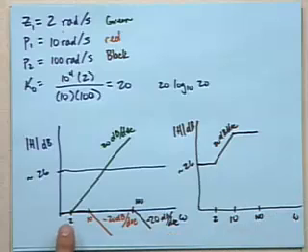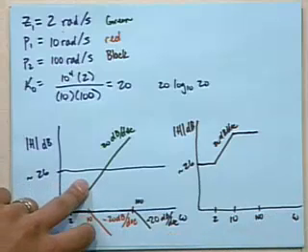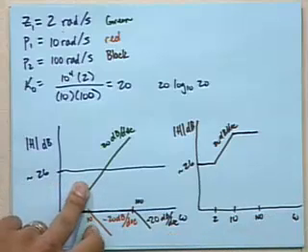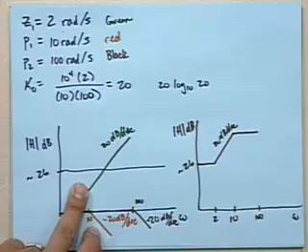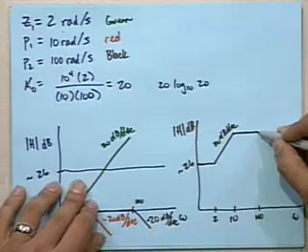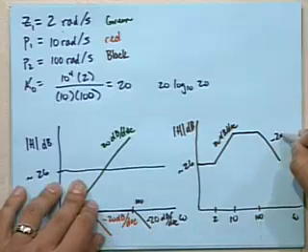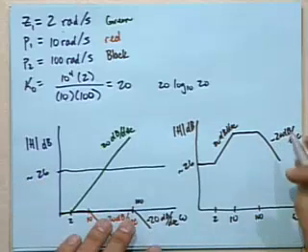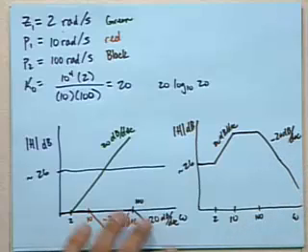At that point, with the zero and pole 1 canceling each other out, all that's left is the negative 20 dB per decade influence from pole number 2, which will start driving this down at negative 20 dB per decade. Eventually this will drive down to 0 and go negative. But for the most part, this is enough to get you started.